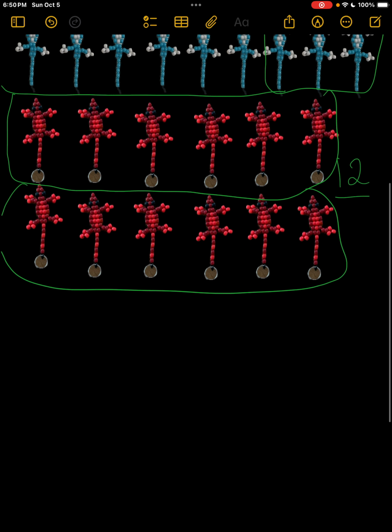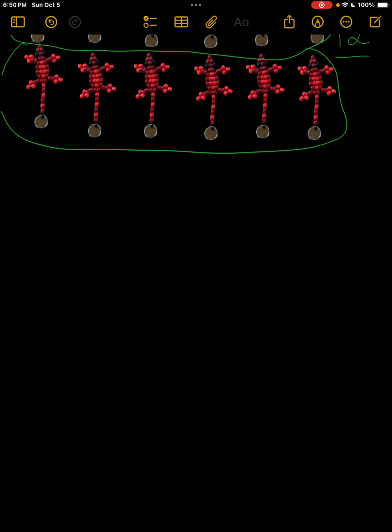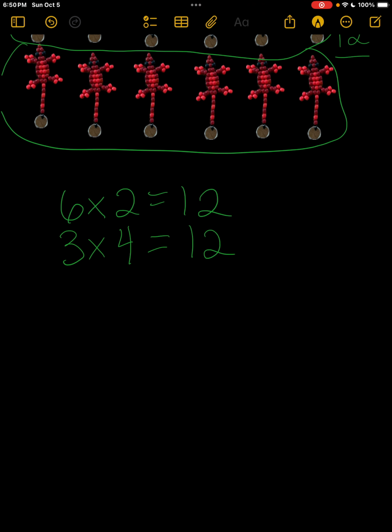We said we could put 6 in a box for all of the red, right? And that's 6 times 2 is 12. We said that we could put 3 in a box, and that would be 4 boxes for the red, okay? We said that we could put 2 in a box, and that would be 6 boxes.